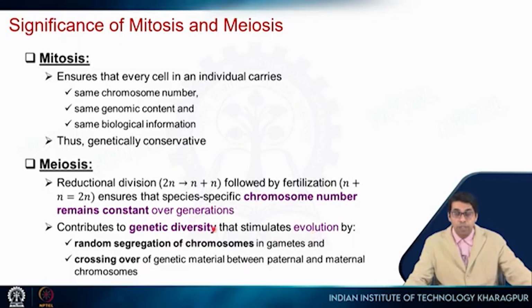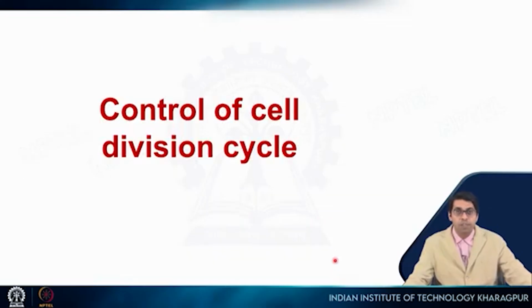So, this is a very important part that it plays, right, because random segregation of chromosome in the gametes and crossing over results in exchange of material between the paternal and the maternal chromosomes. So, a child will always have some genetic material that comes from the father and some genetic material that comes from the mother. Okay. So, we have seen how cell division happens and how the machinery plays an important role.